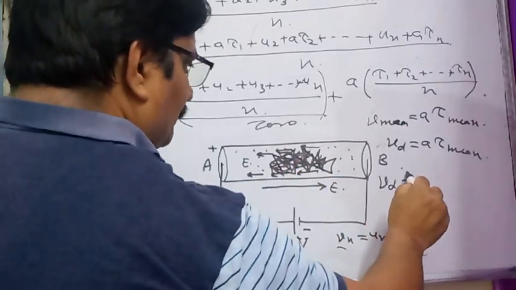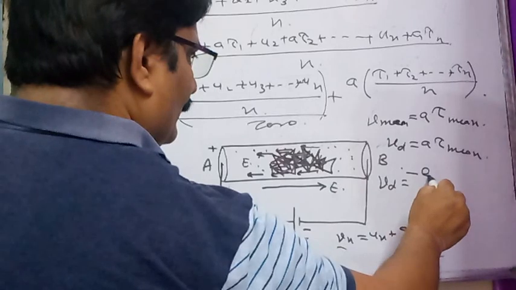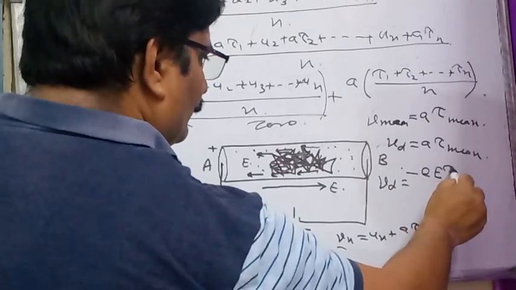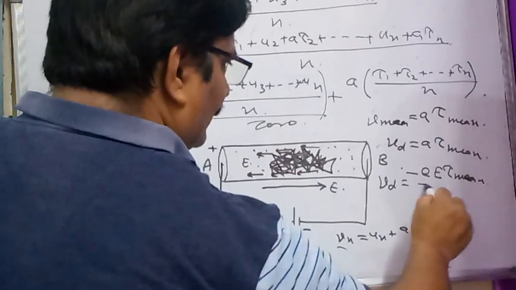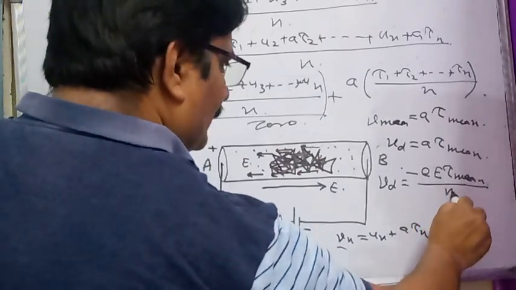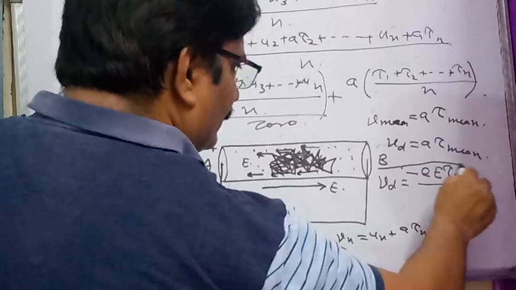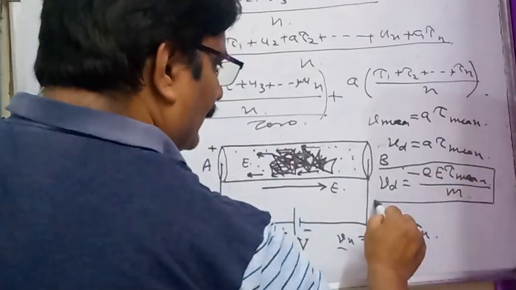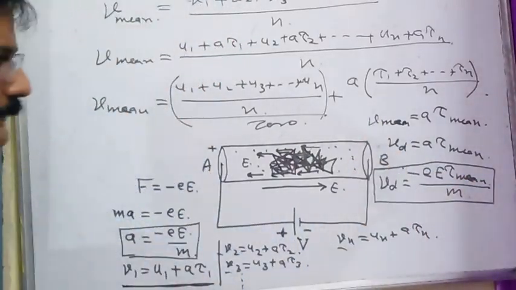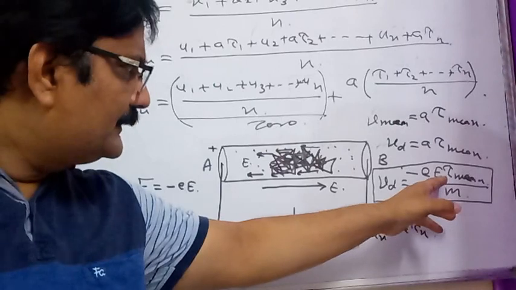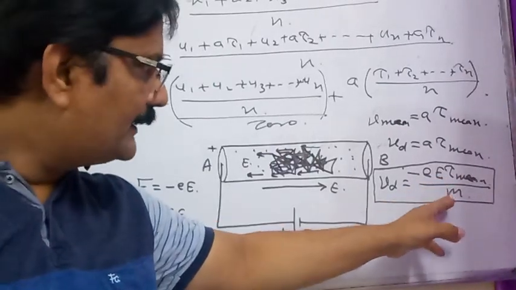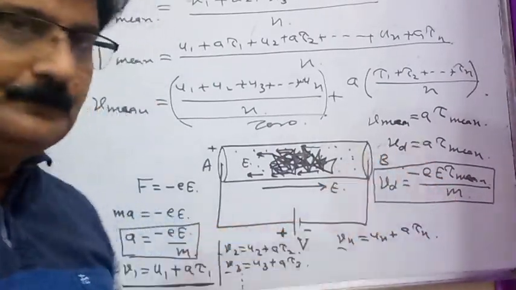Vd equals minus eE into tau mean divided by the mass of the electron. This would be the relation for the drift velocity in the conductor, where the applied electric field is E, mass of the electron m, charge of the electron e.